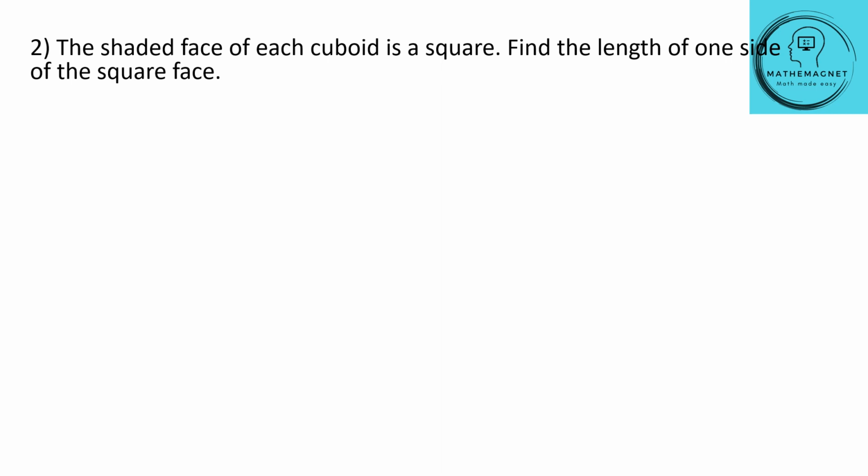Now for the next question, similarly they have given us a cuboid and they've asked us to find the length of one side of the square face. Now in this cuboid we have a square face here, and in this square face we are asked to find the unknown length. Now they've also given us the breadth. Now we know this length into height will be the area of this square face.